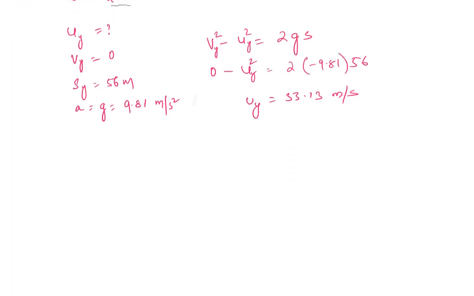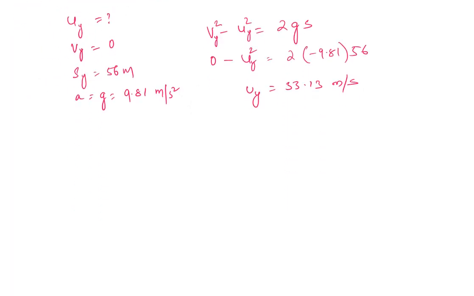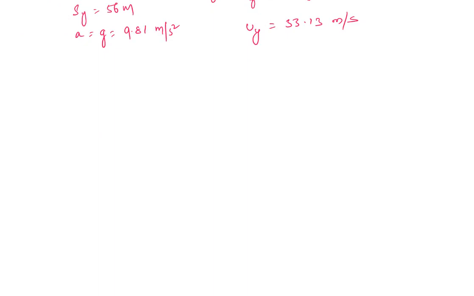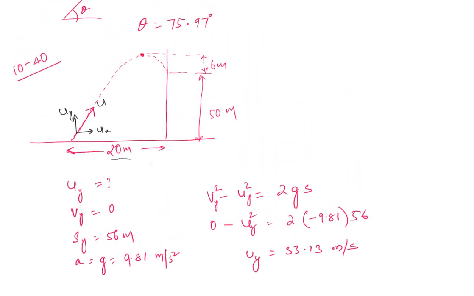All right, so to find time, we say, okay, how long does it take for it to reach a height of 50 meters? And you might say, why do we need the time to reach 50 meters?